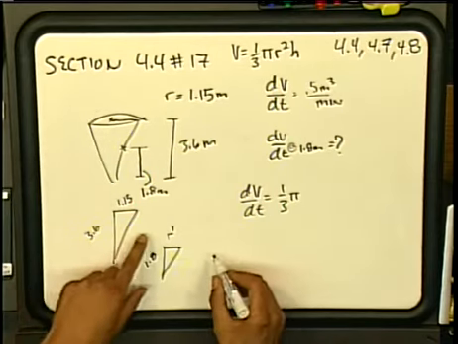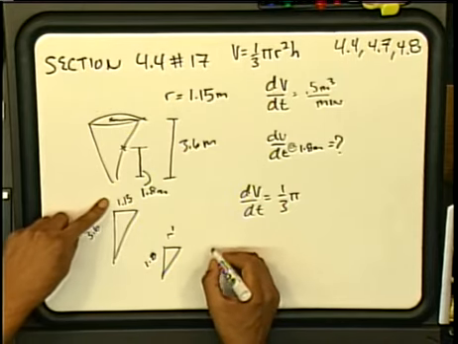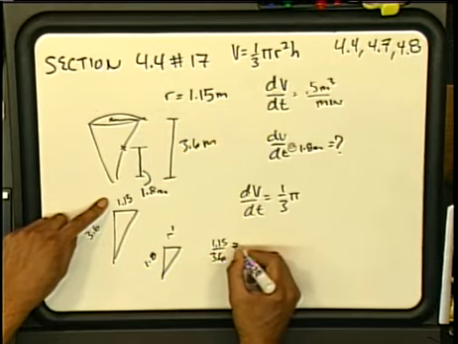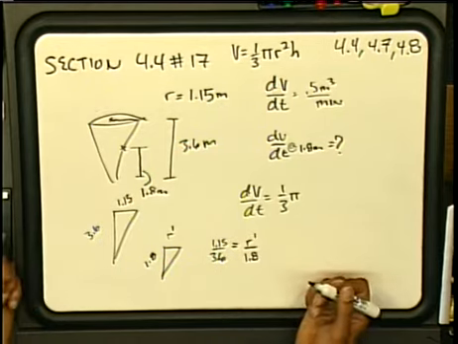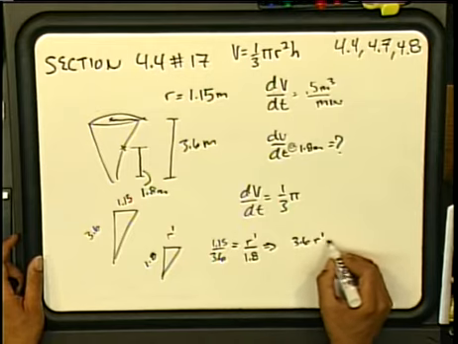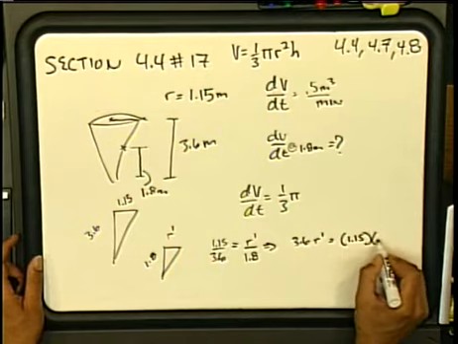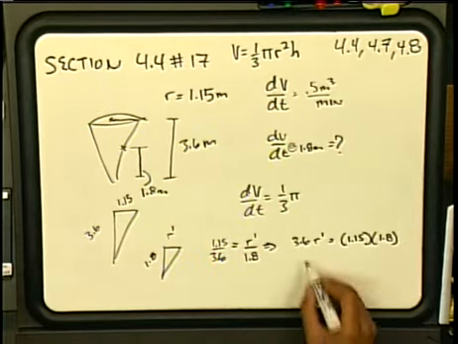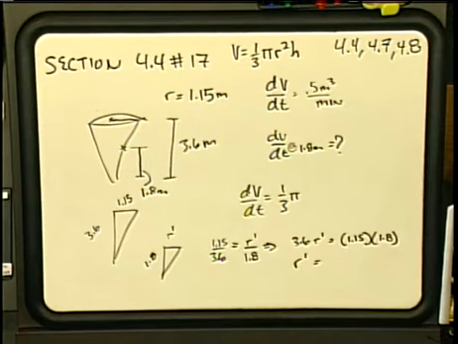So 1.15 over 3.6 is equal to R prime over 1.8, and then cross multiply. 3.6 R prime equals 1.15 times 1.8. R prime equals 0.575.